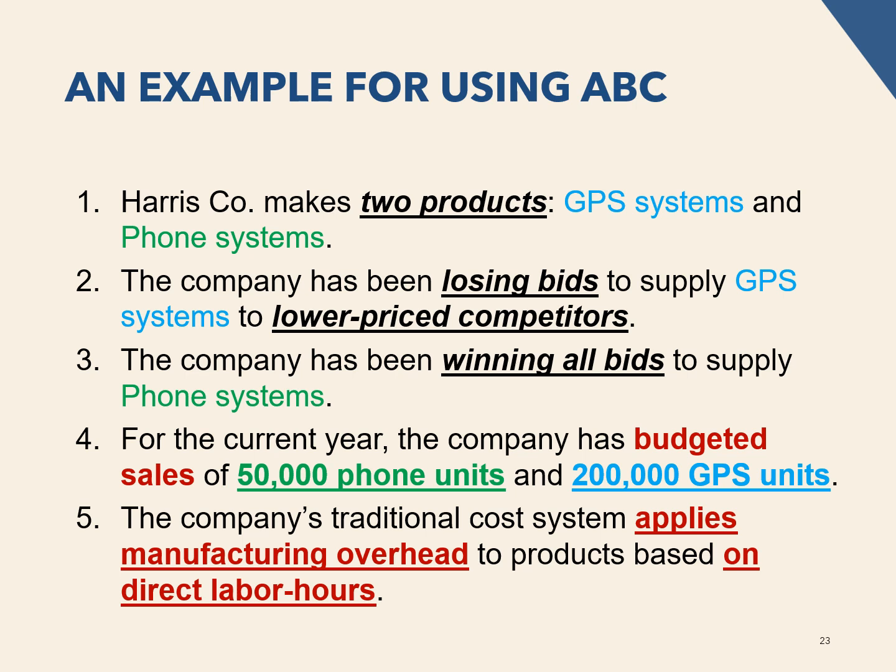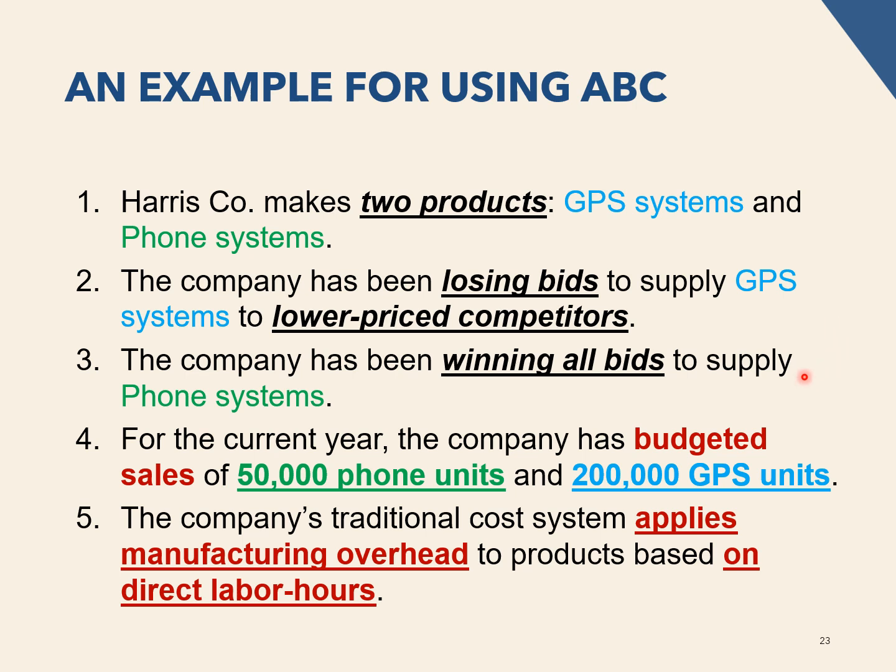Let's do an example for using ABC together. Here are the questions. Harry's company makes two products, GPS systems and phone systems. The company has been losing bids to supply GPS systems to lower-priced competitors.